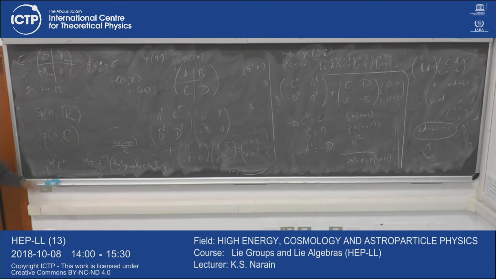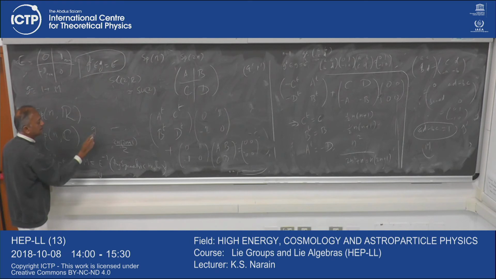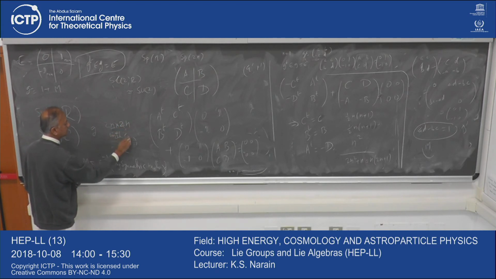So all the coefficients are complex. They will satisfy the same equation. Okay. But now G is a 2n by 2n matrix with complex entries. We don't put any restriction that it should be real.